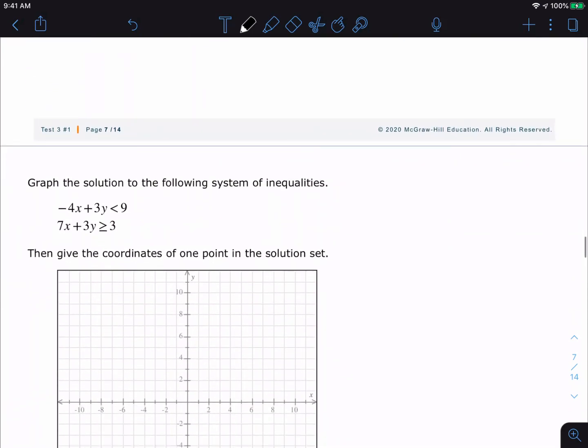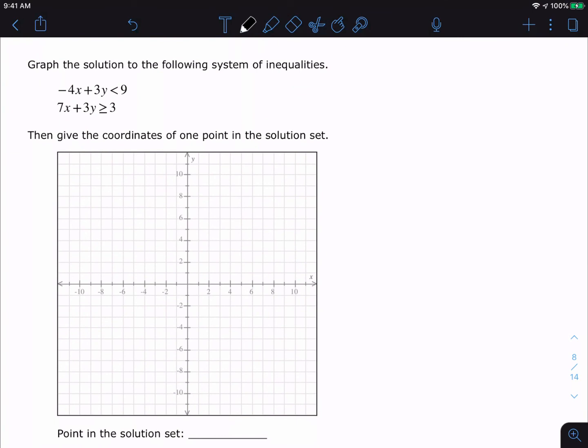And 15 is asking us to graph these two lines, so I'll do it. No problem. So this first one, I'm going to solve it. So I'm going to do this one like this, just so you guys can see. So it's negative 4x plus 3y, I'm going to change it to equals, just so I can not get confused.